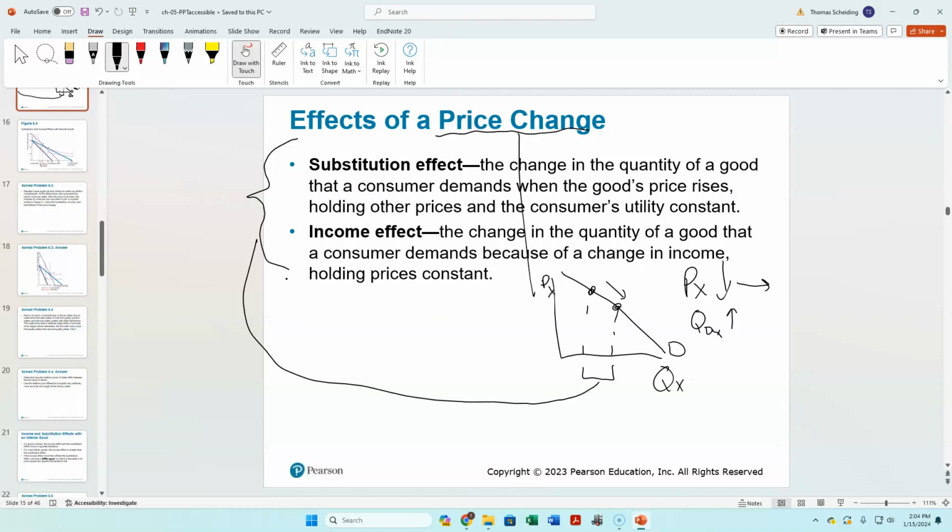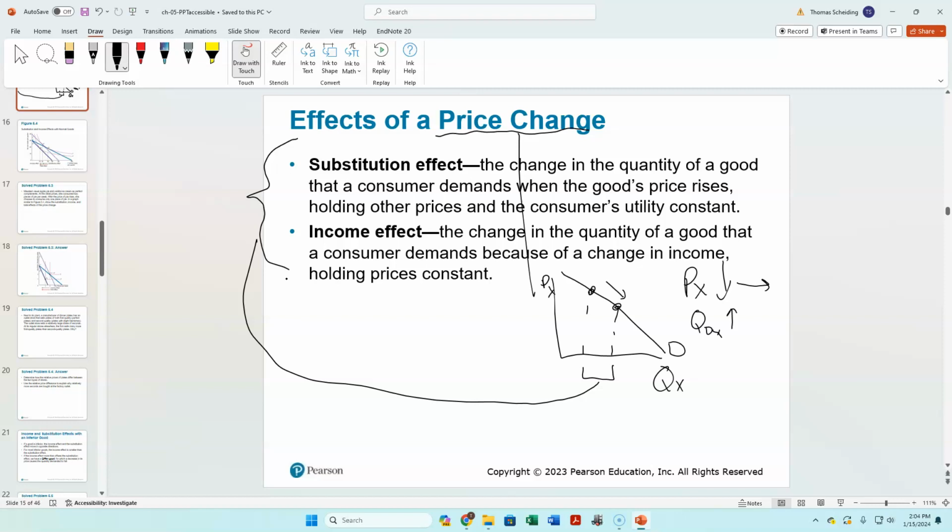Rather, we're just talking about an individual with their overall budget substituting between goods based on their relative, meaning comparatively, different prices. All while trying to keep their level of utility constant.